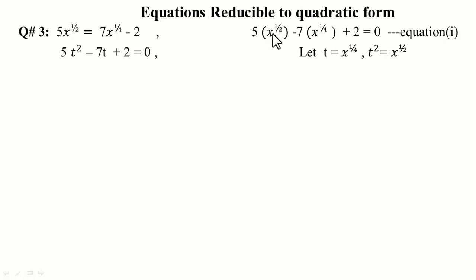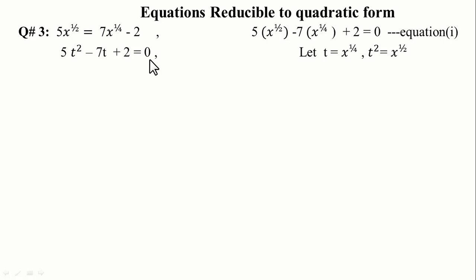Then putting in this equation, this value is t square and this value is t. So the equation becomes 5t square minus 7t plus 2 is equal to 0.